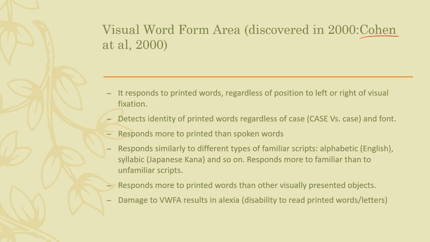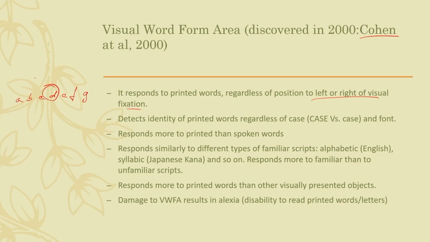What does this area do? It responds to printed words that we see, regardless of position to the left or right of visual fixation. Let us say when we are reading something like this, the moment I am looking at D, this is the foveal area, that is the fixation area where my eyes are looking right now.